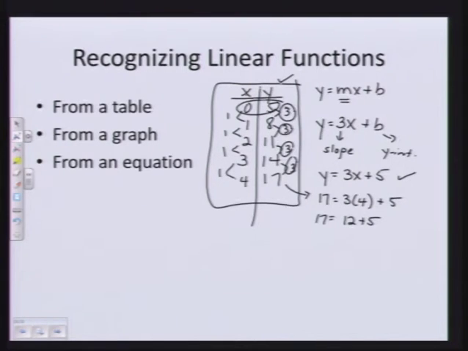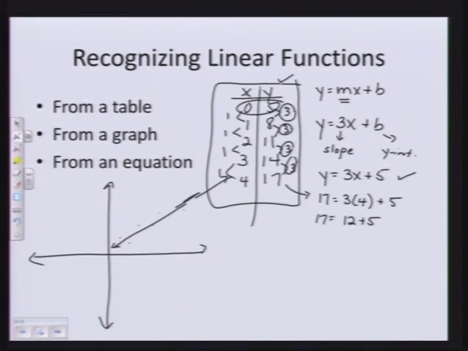From the graph, if you were modeling data, you're looking at your scatter plot, and you could do that on your calculator real easily, and you've got your points here, and they don't exactly lie on the same straight line because of inaccuracy of measurement and other things like that, but they do tend to be close to the same straight line, and I can find that line of best fit.